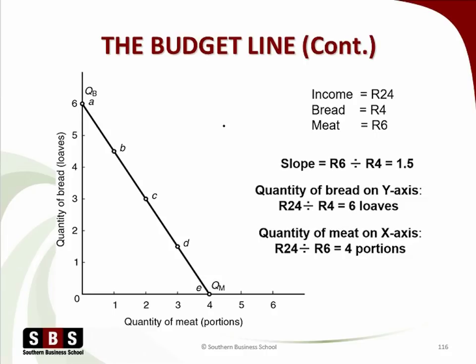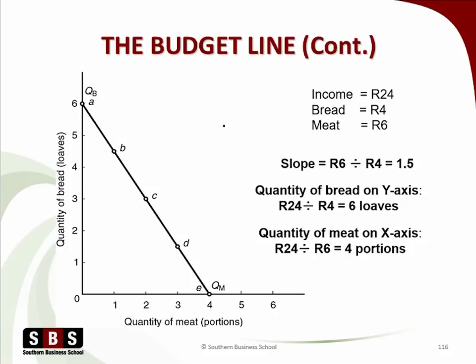Remember the budget line shows quantity of various products. So just remember to label your curves right. This is the quantity of one product and the quantity of another product.